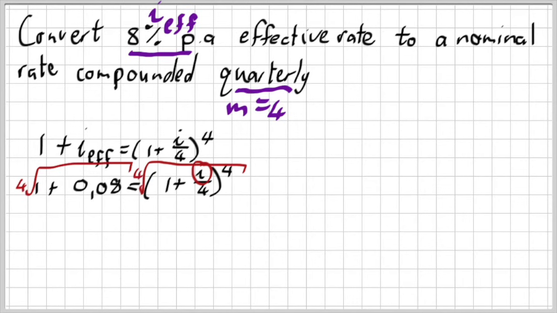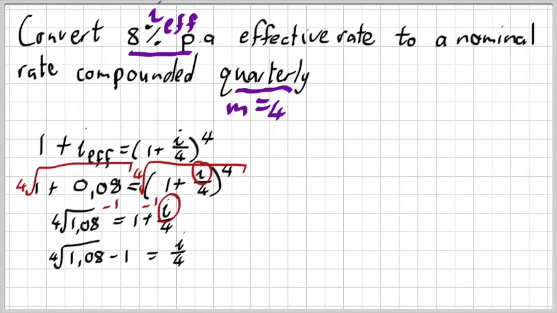So first of all, I'm going to take the 4th root on both sides. So on the left, I'm going to sit with the 4th root of 1.08. Then I'm going to subtract 1 because I'm trying to get i alone. And last but not least, I'm going to multiply by 4 on both sides, because remember, I'm trying to get that i alone.